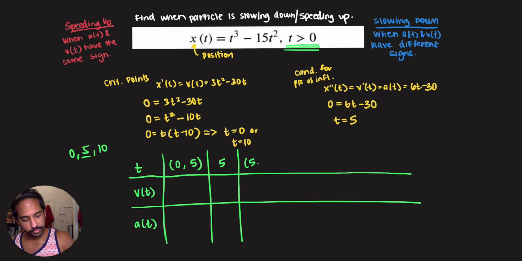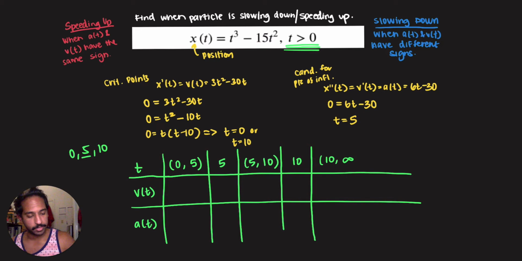And then from 5 to our next value, which is 10. And then from 10 to infinity, because it doesn't say anything about when it'll end, it just talks about the stipulations for where it begins. It has to be greater than 0.